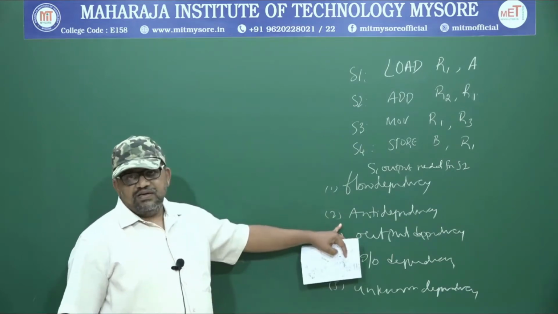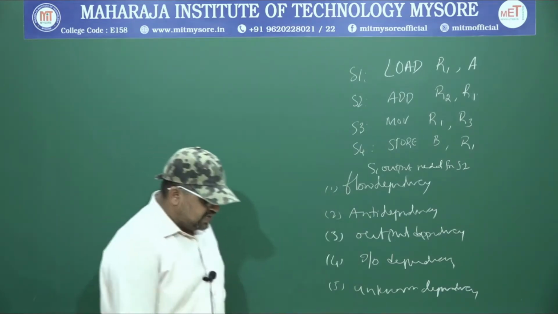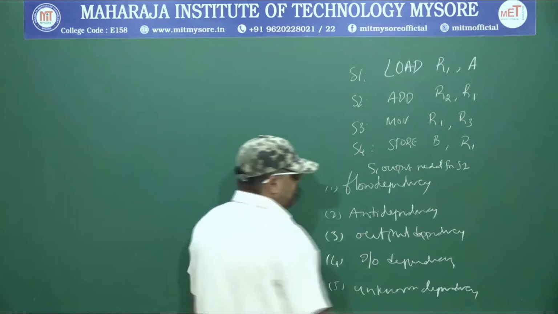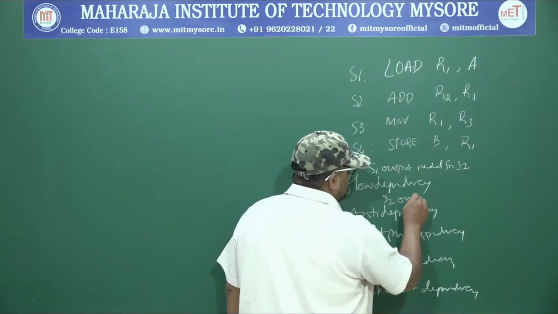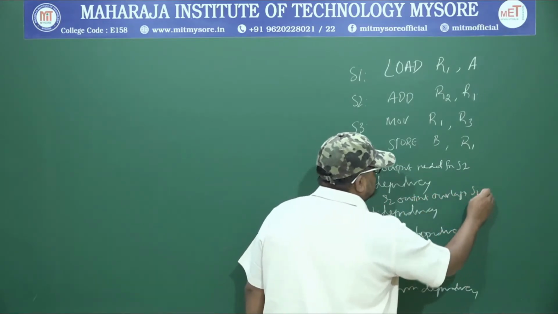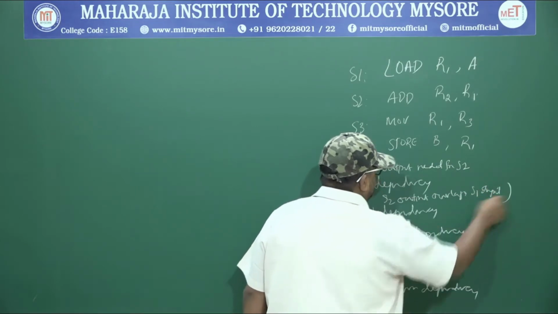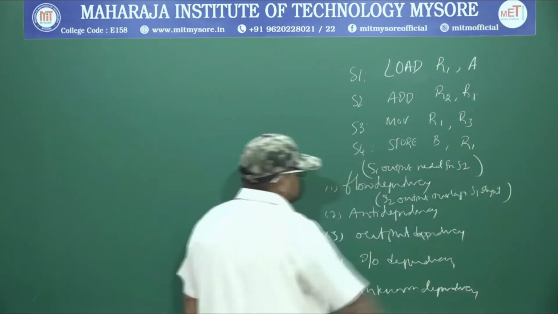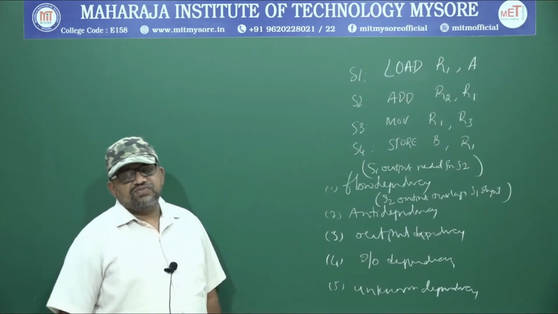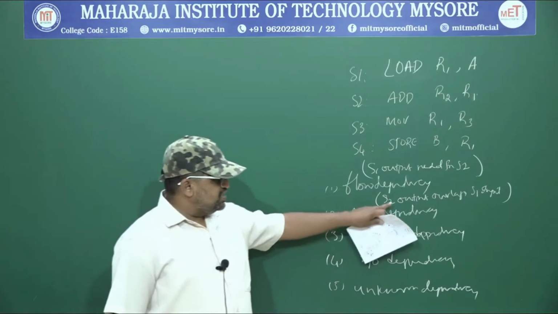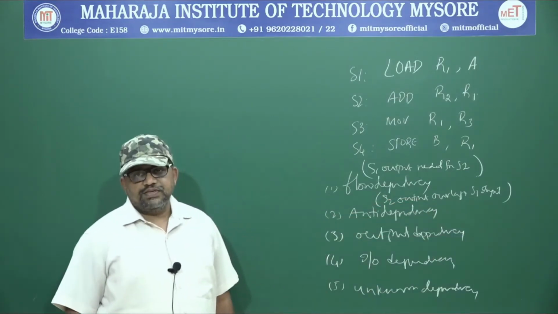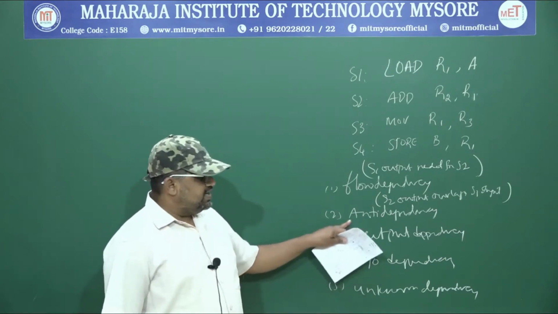Now coming to the anti-dependency, what is this? Again here, if S1 and S2 instructions are in sequence, and if S2 output overlaps S1 input, then we call it an anti-dependency.